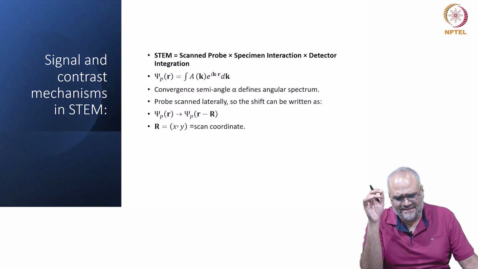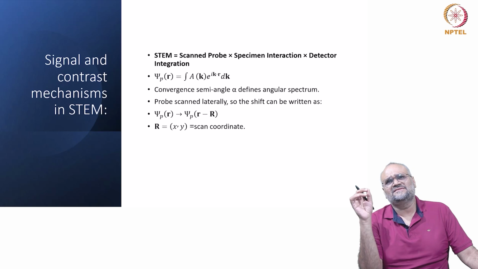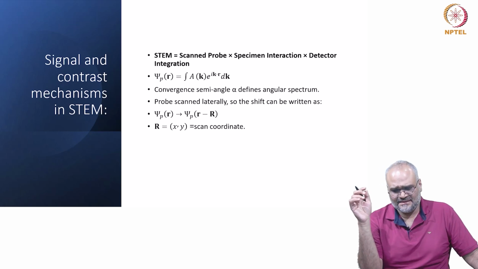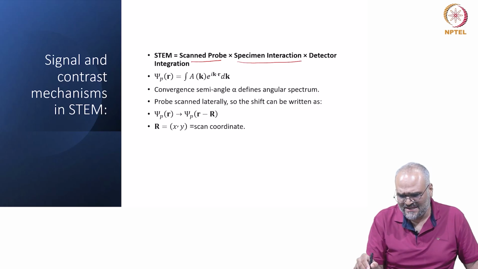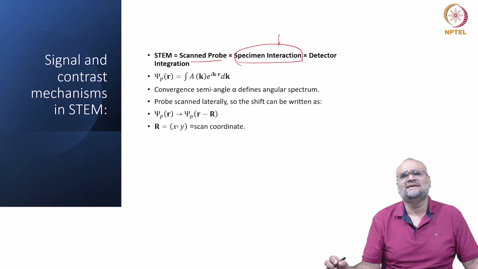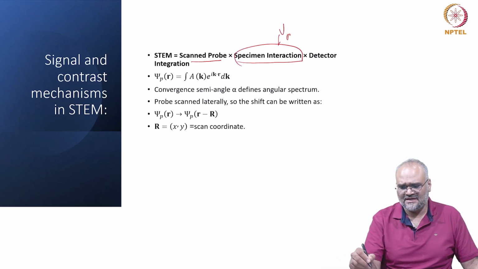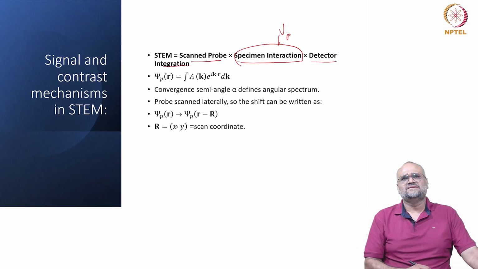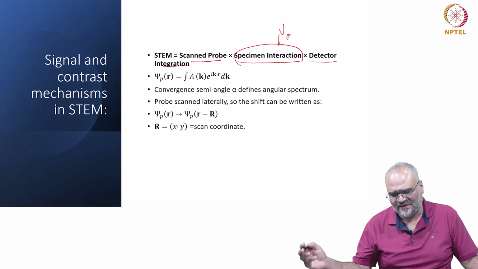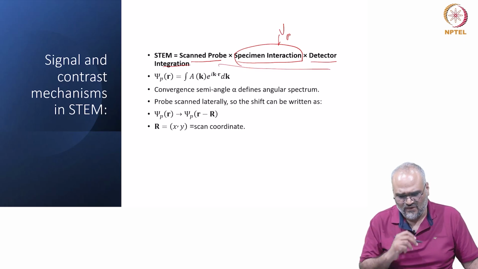When I consider the STEM image, it is a product of the scanned probe, the specimen interaction, which inherently consists of the projected potential, and integration on the detector. When I write it as a function, it is a convolution of all these.